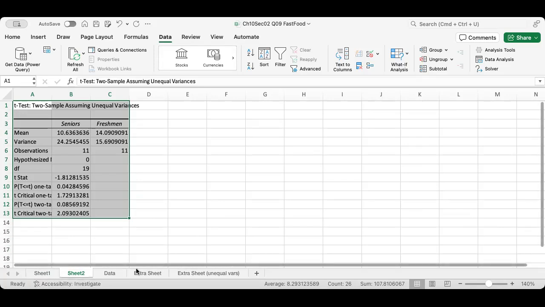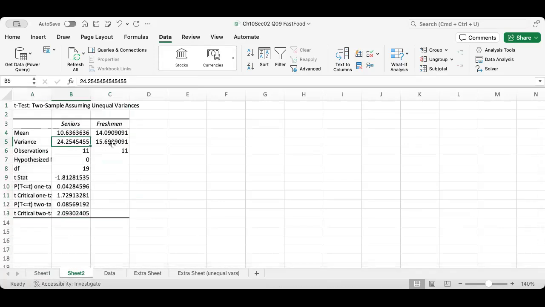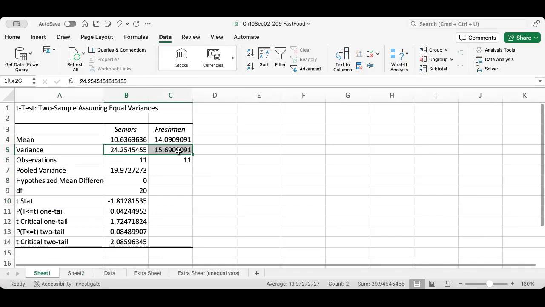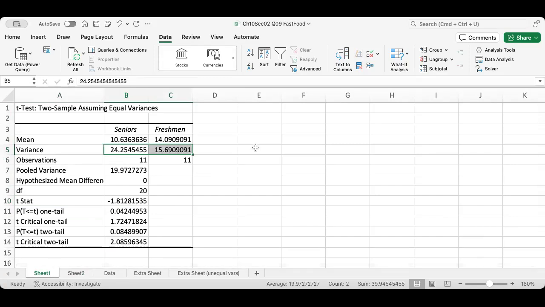And again, seeing the variances calculated, 24 versus 15.7, those numbers are the same here. Those came from our actual data. That's the S value, not the population data.